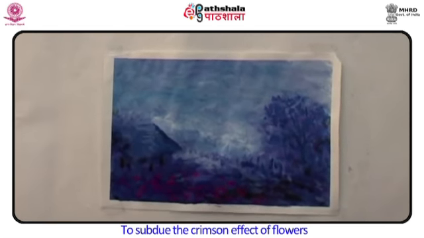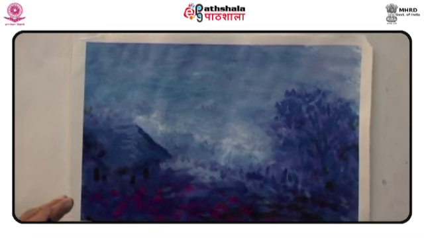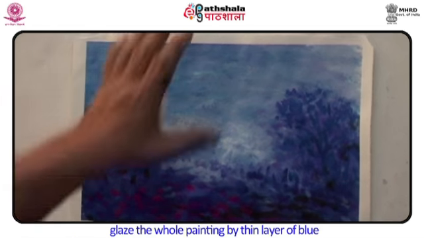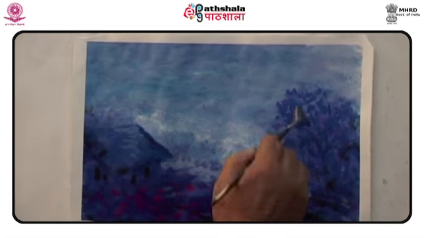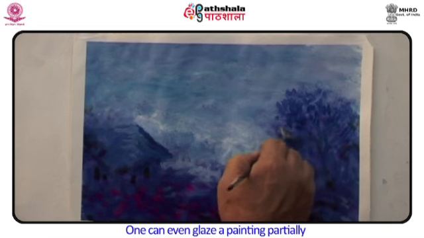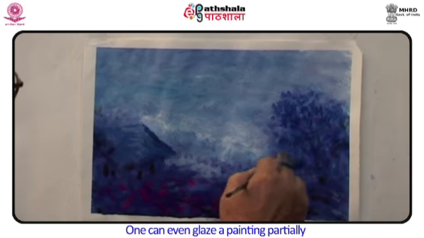To subdue the crimson effect of flowers, glazing the whole painting by a thin layer of blue. One can even glaze a painting partially.